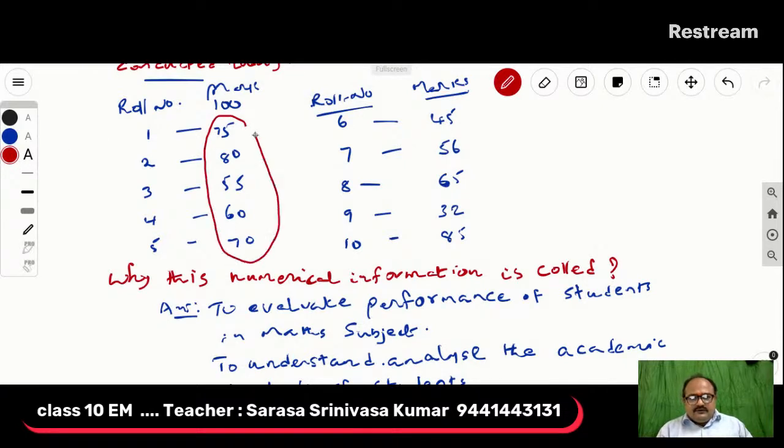So this numerical information has a definite purpose.